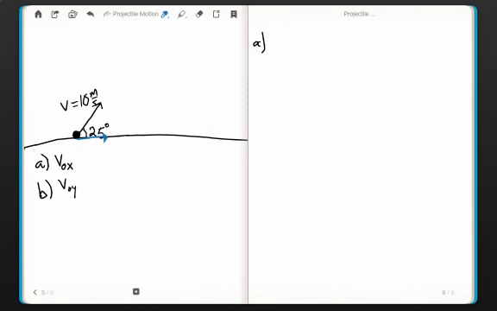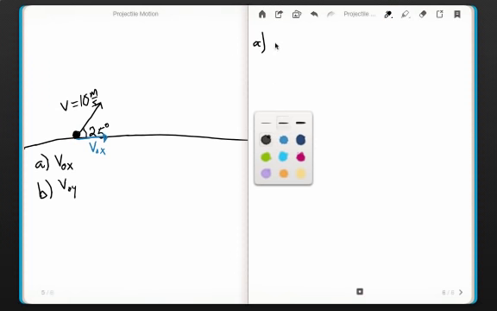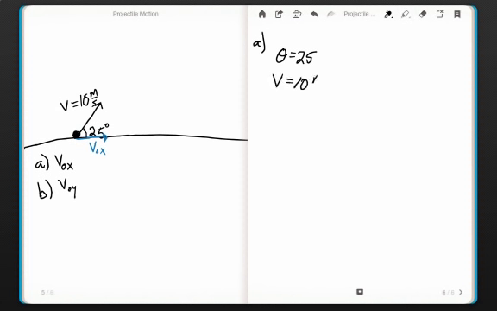But we have two very important pieces of information in order to find our v initial x. We have to use trigonometry. We see that we have the angle, or theta, is equal to 25, and then we have our hypotenuse, or our velocity, as 10 meters per second. We don't have the opposite side, or the y, but we are trying to find v0x, and we can in fact do that.